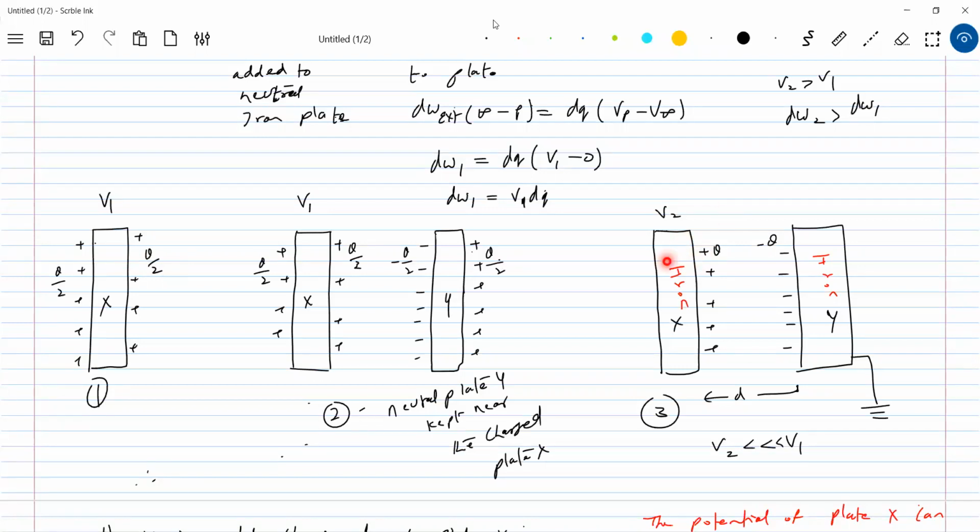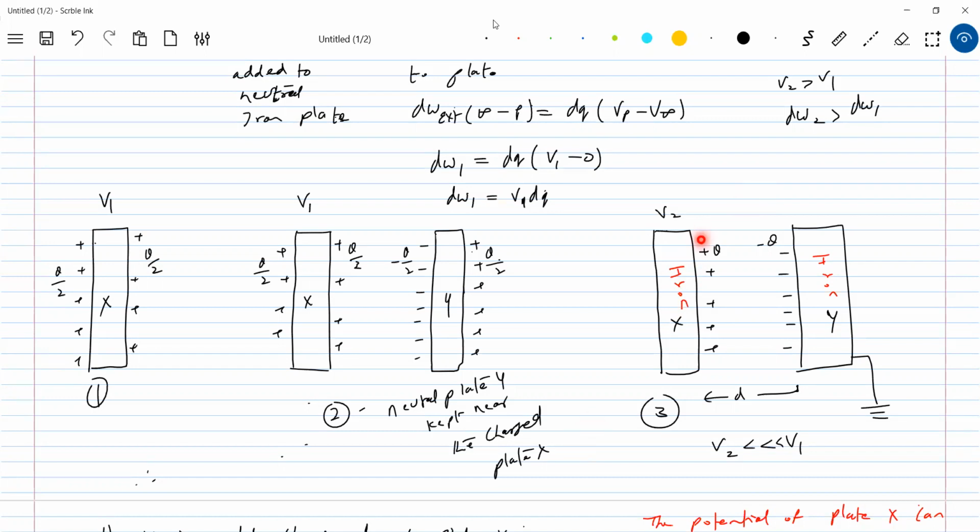To bring it back to the original potential, I can add more charge. This was the upper limit, the charge Q. Now the same conductor can store more charges. I did this by just bringing an earthed plate near plate X. So I increased the capacitance. Capacitance and potential are inversely proportional.